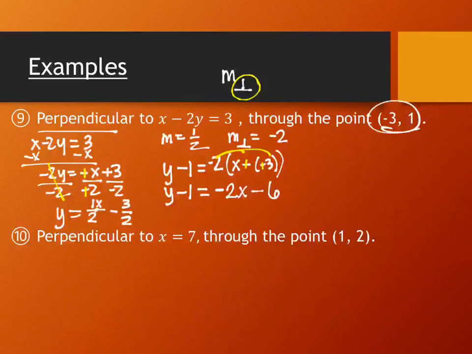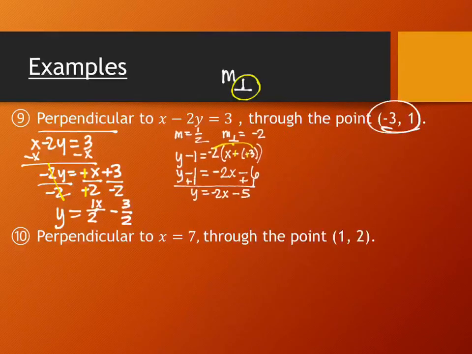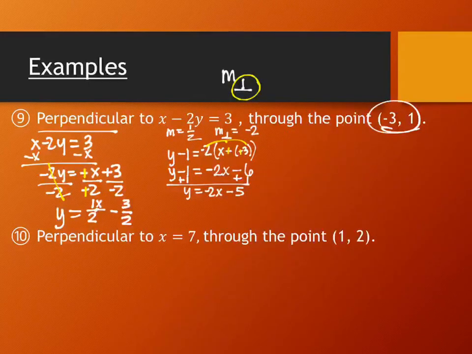You want to add the 1 first? Okay, we'll add 1. So now I have y equals negative 2x minus 5. Then what? Yep, we're going to add 2x. So now I have 2x plus y equals negative 5.